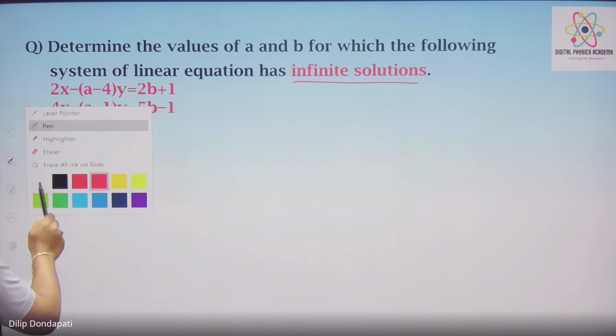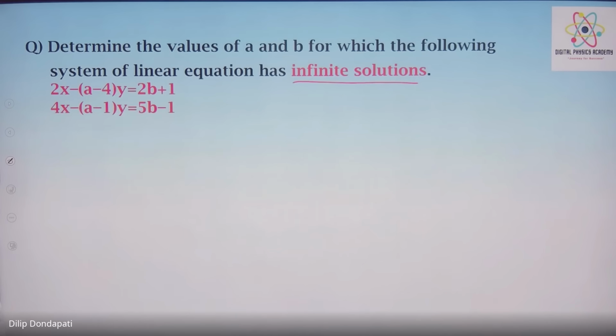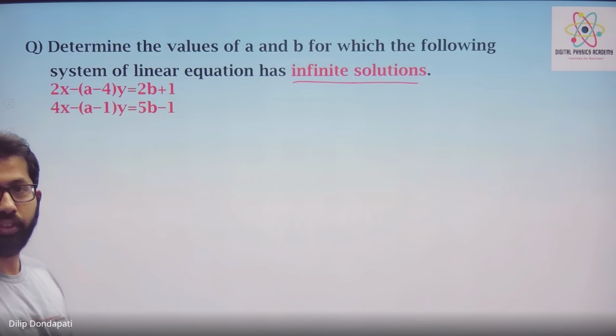So infinite solution means you always have to understand which lines these are: coincident. Now use the relationship: A1 by A2 is equal to B1 by B2 is equal to C1 by C2.